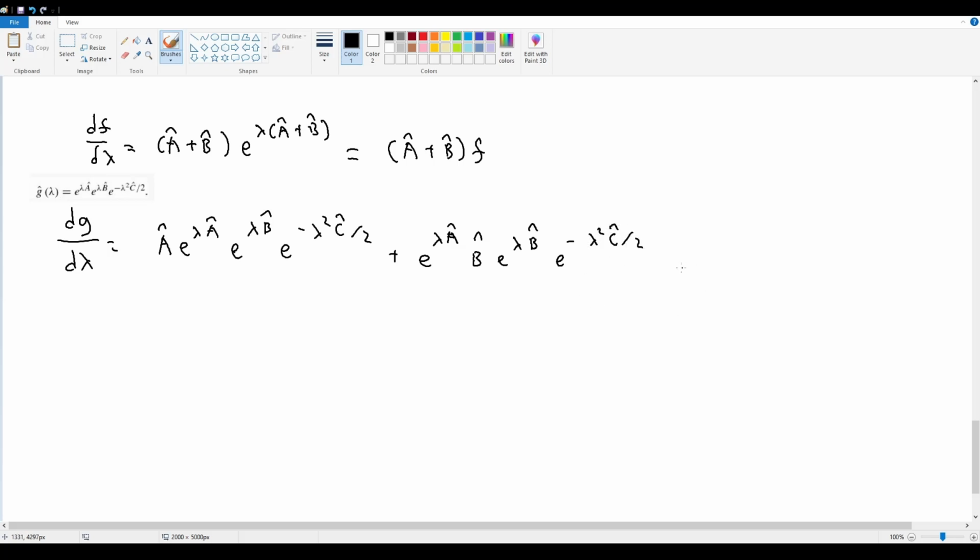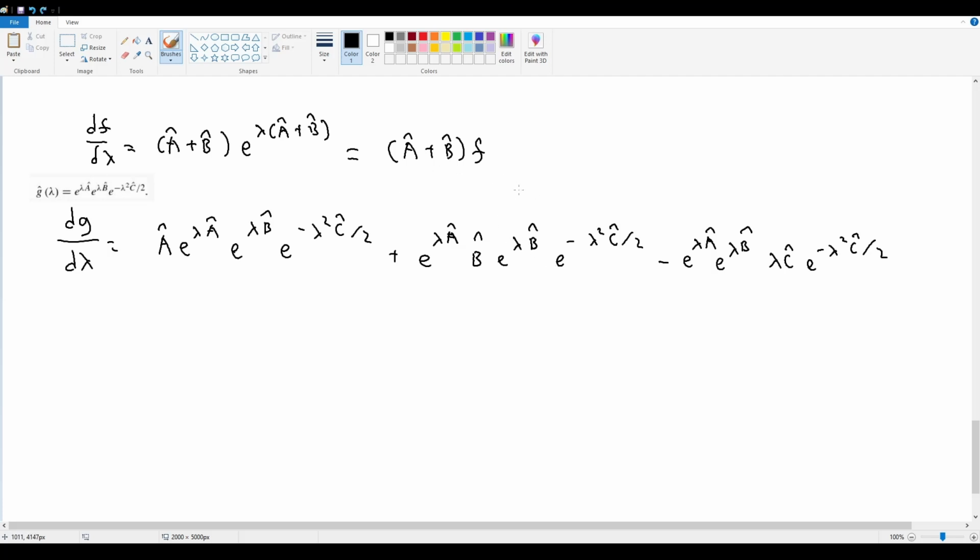And then minus e to the lambda a hat, e to the lambda b hat, and then this is going to be 2. No, the 2 cancels out with the fraction at the bottom. So lambda c hat, e to the negative lambda squared c hat over 2, I believe. Yeah, that looks right.